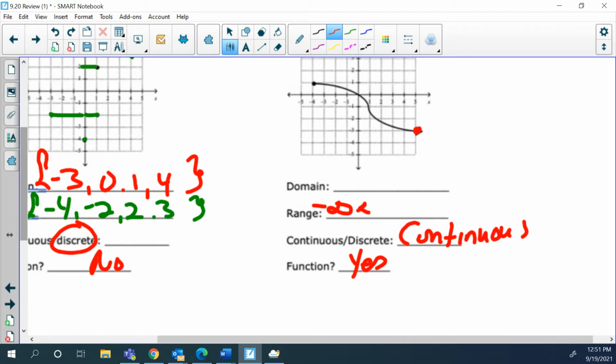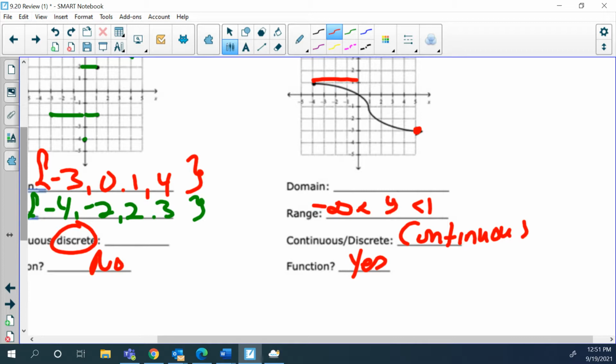The highest point on the line is this point right here. And if I go over to the y axis, that is going to be 1. So 1 is right there, but because it's a closed circle, I'm going to use the less than or equal to symbol. And therefore, I put my y in the middle.